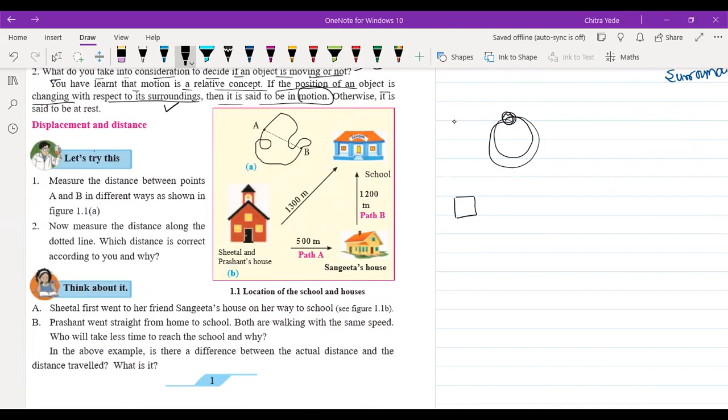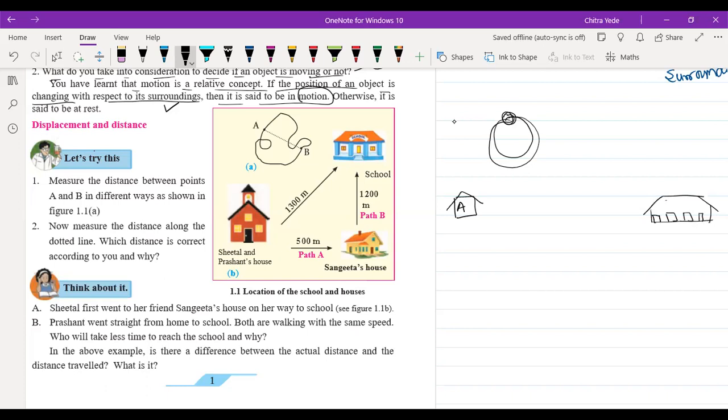So suppose this is Arham's house, and here we have Arham's school. Arham, this is your school, beta.